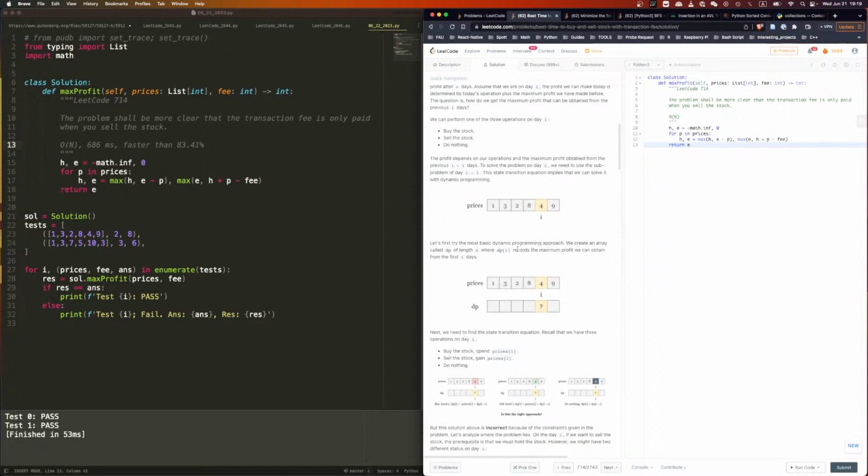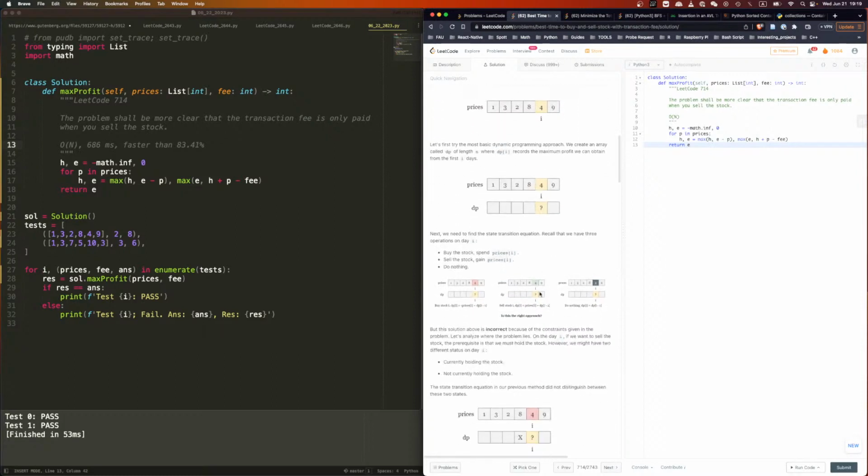Length n, and dp[i] records the maximum profit we can obtain from the ith day. Okay. Buy, sell, and do nothing. So if we buy the stock, it is this plus, you buy it, yes.